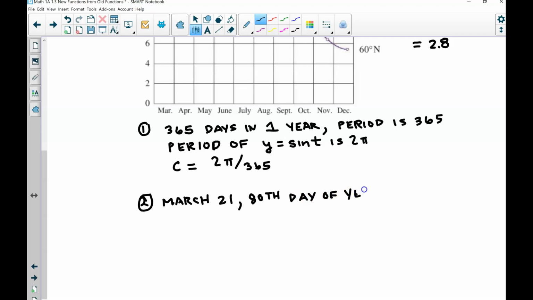And since it's the 80th day of the year, then that means that we have to shift the curve 80 units to the right.